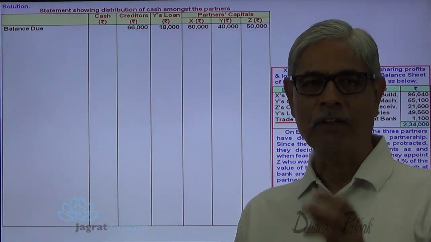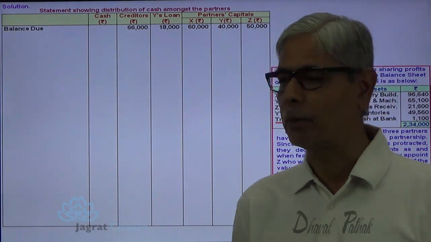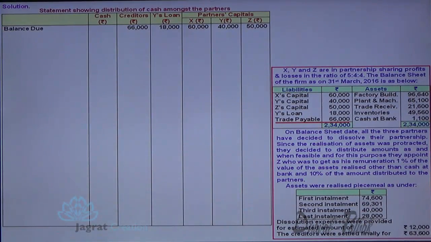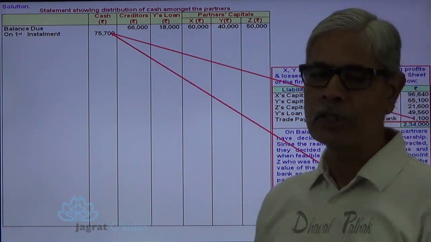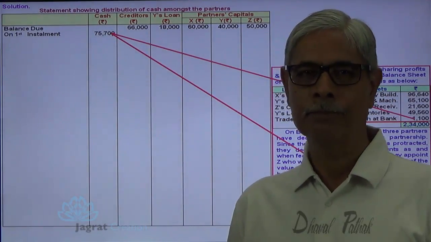Now the amount available for distribution in the first installment will be the cash at bank balance 1,100 and the first installment 74,600. So the total amount available for distribution in case of the first installment will be 75,700. So this is the total amount available for distribution at the time of the first installment.